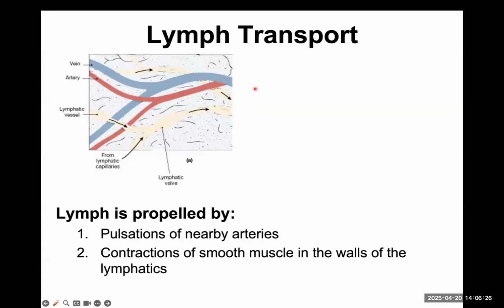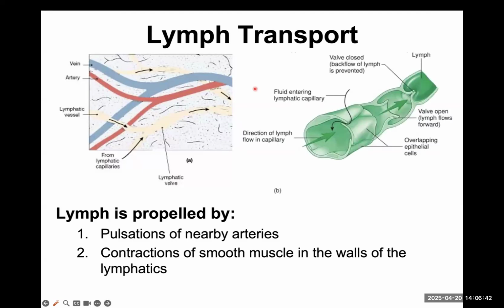The direction it goes is back to your circulatory system, where it's going to replenish your blood. So pulsations of nearby arteries and contractions of smooth muscle in the walls of lymphatics are what move the lymph. The direction of lymph fluid in capillaries is one direction. The lymph enters through these mini valves, and then there are valves inside the lymph vessels, like this one here, that keep it from flowing backwards.